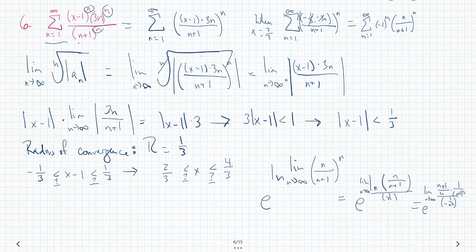Okay, so if you take a look at that, there's going to be a whole bunch of canceling going on here. So the n plus 1 squared will cross off with the n plus 1. You'll have a negative n squared flip-flopping up top.